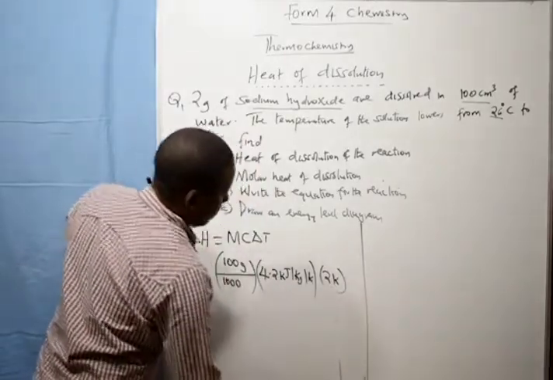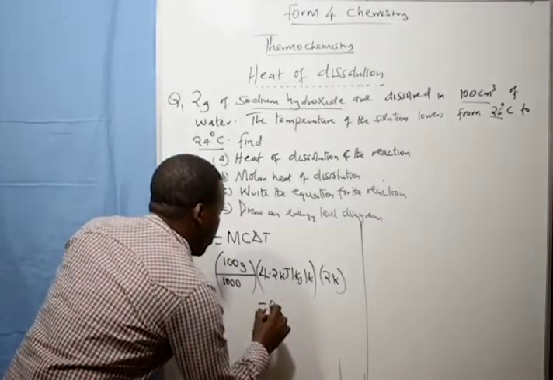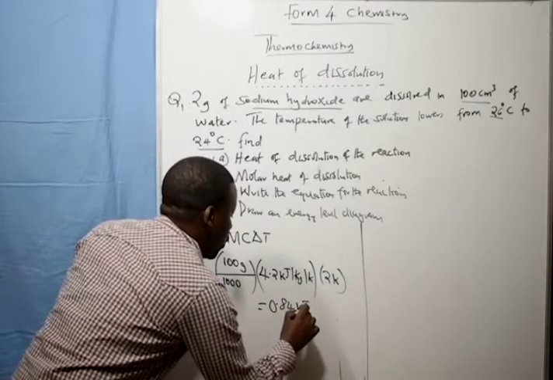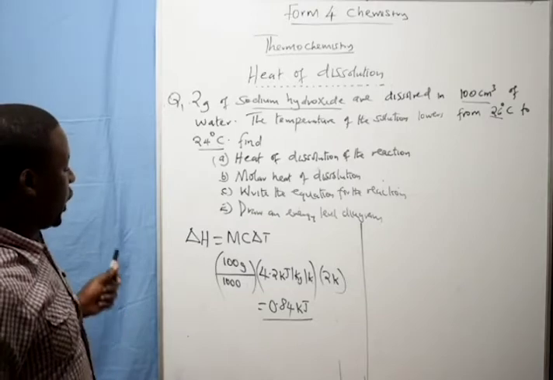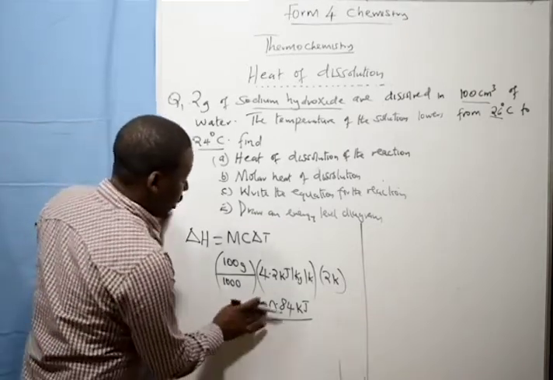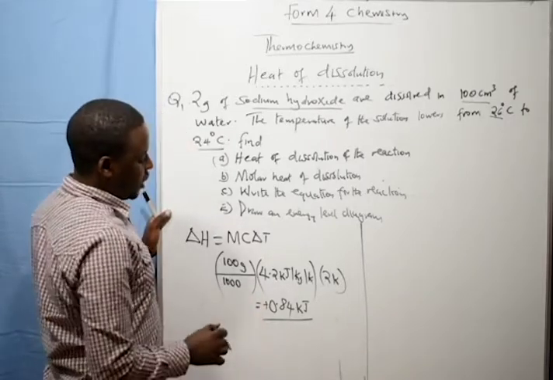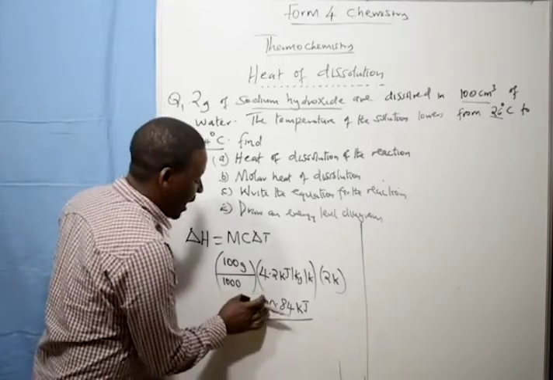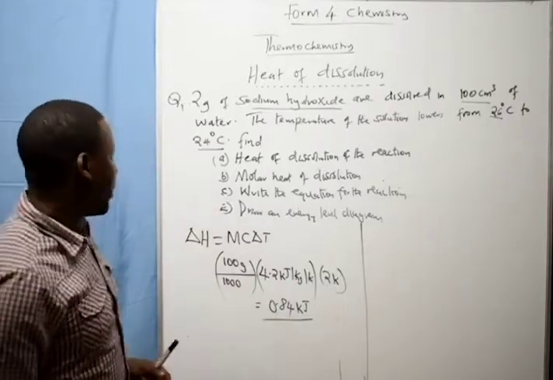When you do that, the enthalpy change becomes 0.84 kilojoules. This is the enthalpy change for this reaction. And the enthalpy change is positive. Positive 0.84, or you can even leave it this way because a figure left that way is a positive figure.